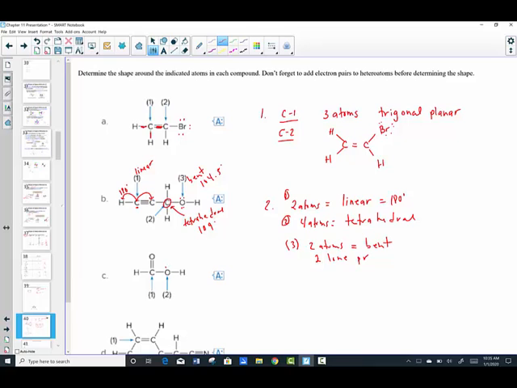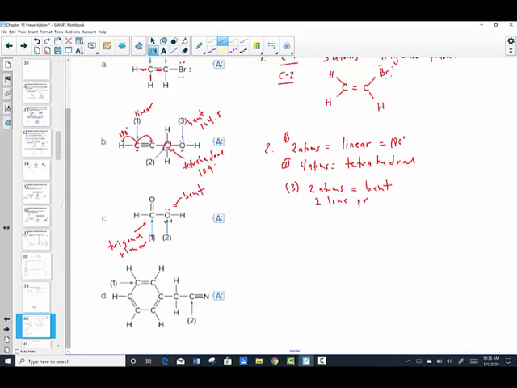Carbon 1 down here is bonded to 3 different atoms, so we would call that trigonal planar. This oxygen with 2 bonds, 2 sets of lone pairs, is bent.